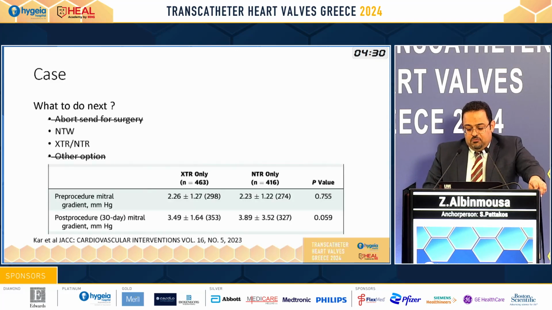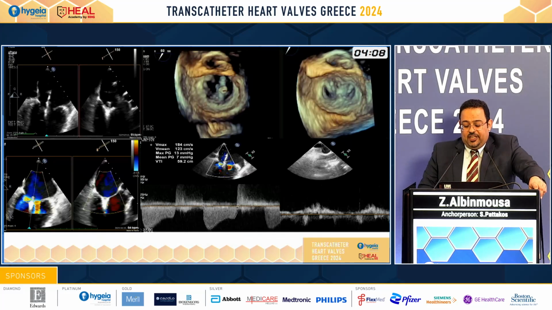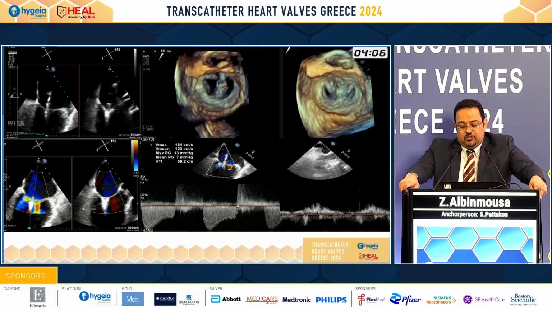From the EXPANDed registry, we know there is no difference between XTR and NTR in the mean gradient. So we thought the same, that using NTW would not change the outcome, so we remained with XTR and NTR. Unfortunately, NTR was not available in the room, so we used the XTR.